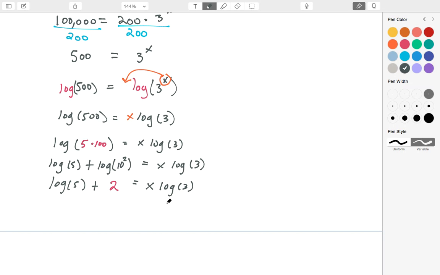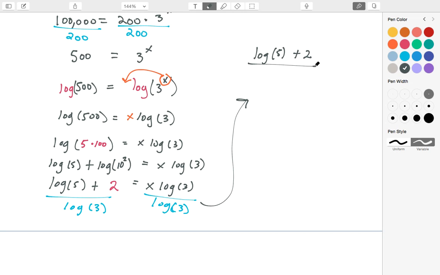Okay, now at this point, I can go ahead and divide by log of 3, now that I simplified the left side. Log of 3 divided by log of 3 will cancel out and give me 1. So then this will equal log of 5 plus 2, divided by log of 3, equals x.